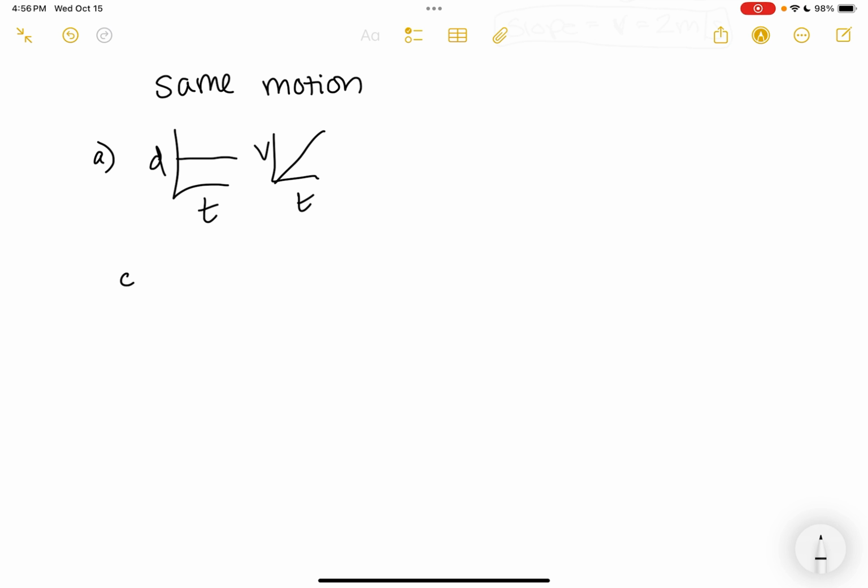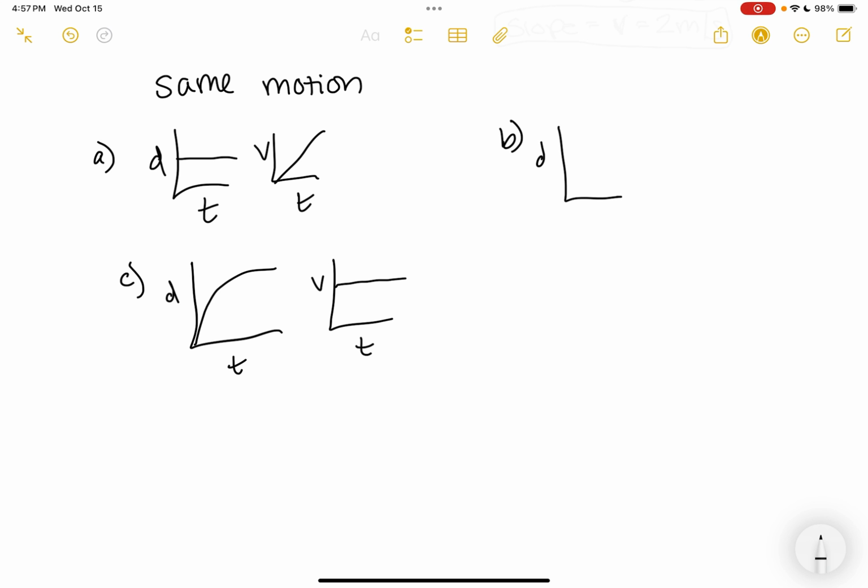All right, so I always love the questions about same motion. I think they're pretty stellar, just because I like them. I think that if you make sense of what the graph is saying, it really makes your life really easy, right? So choice A is this, you have D versus T, V versus T. Let's see, I got B, D versus T. I have something that looks like this.